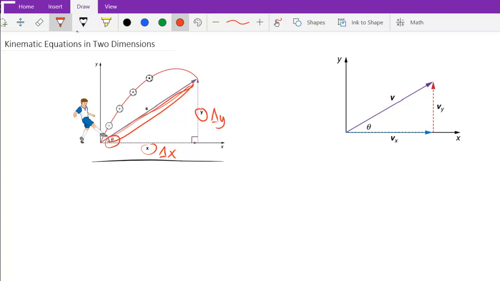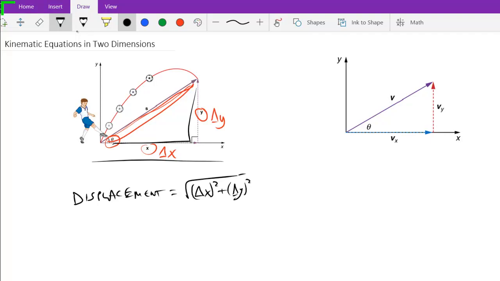And then going back to what we did with vectors previously, the total displacement would just be solving this triangle here. The magnitude of this displacement would be equal to just solving the Pythagorean theorem here: the square root of delta x squared plus delta y squared.